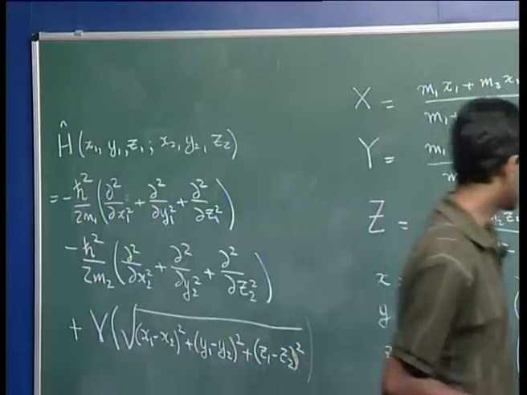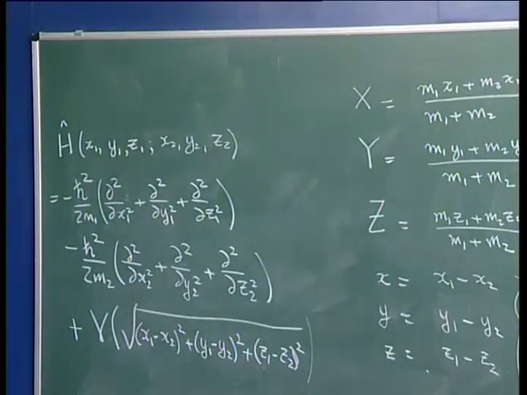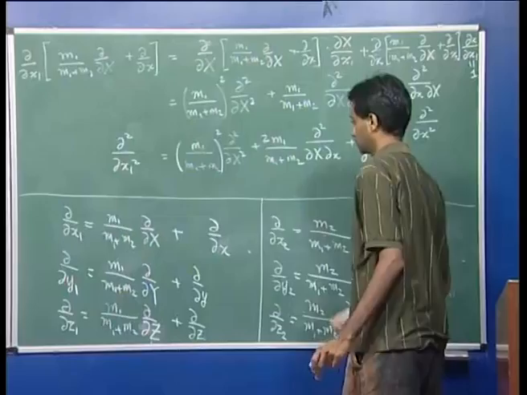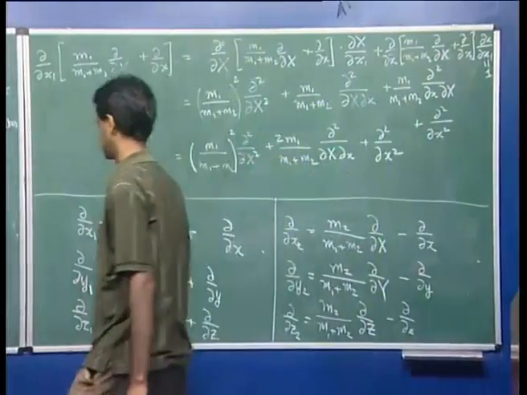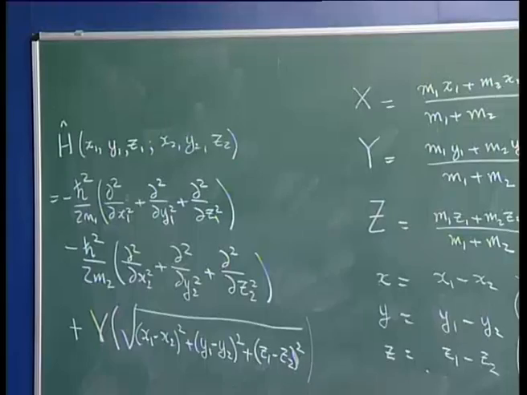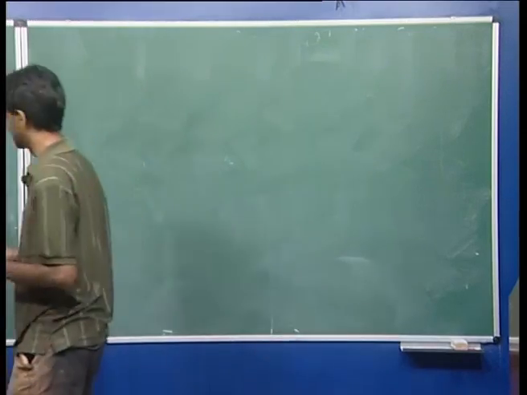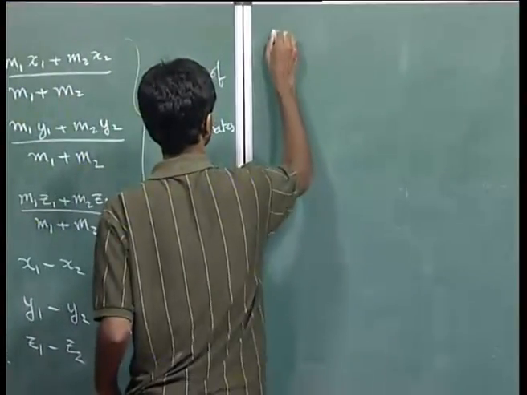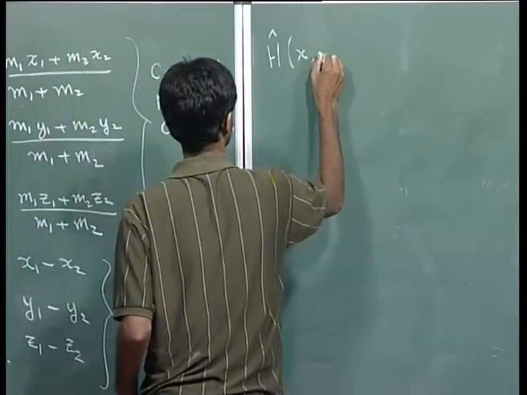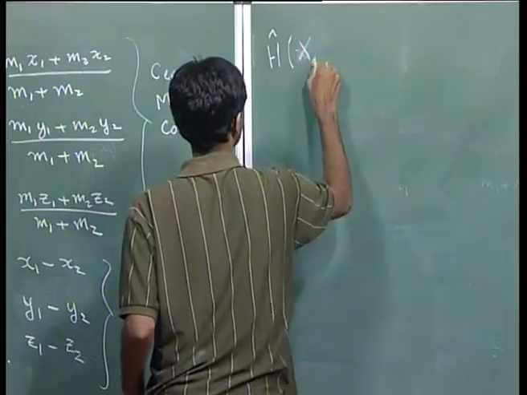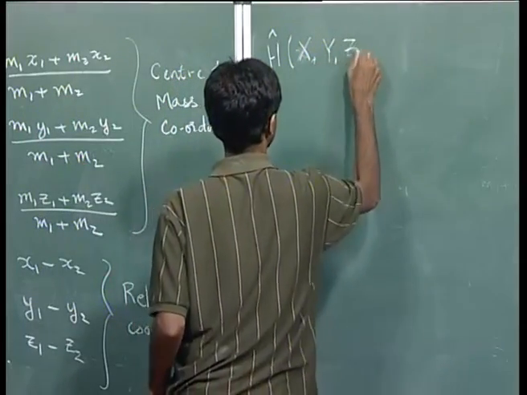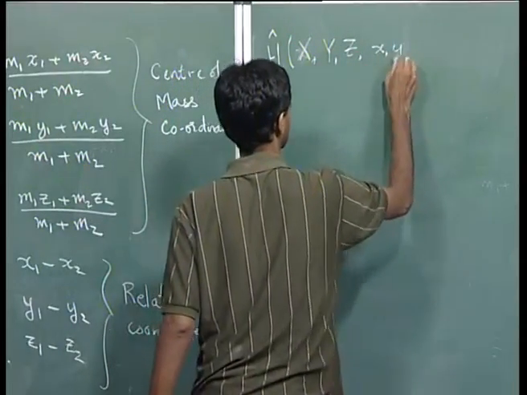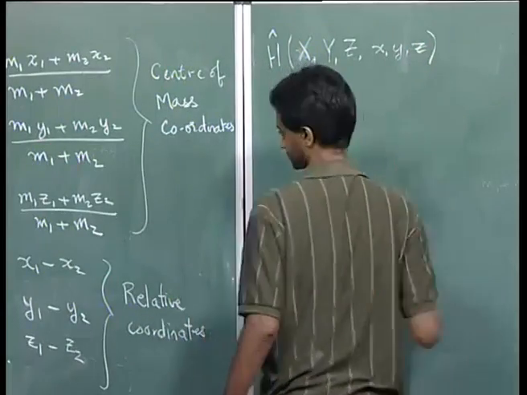Okay, so let's put all this together and see what we get. What you'll realize is that what we get will be quite familiar to many of you. When I put all this together, I'll get a Hamiltonian, which is a function of capital X, capital Y, capital Z, little x, little y, little z.